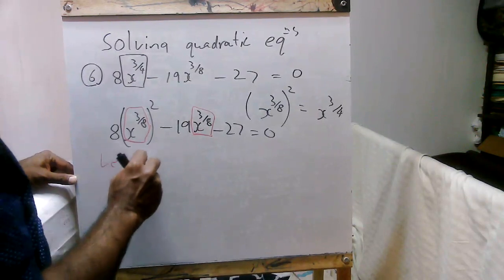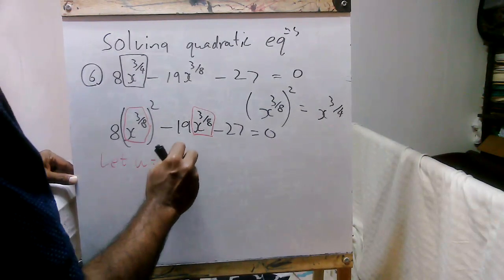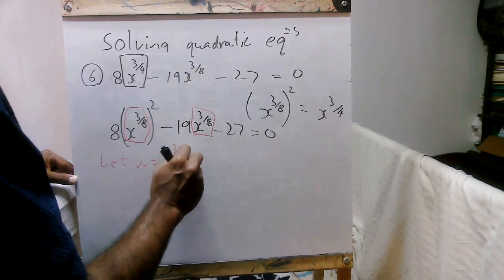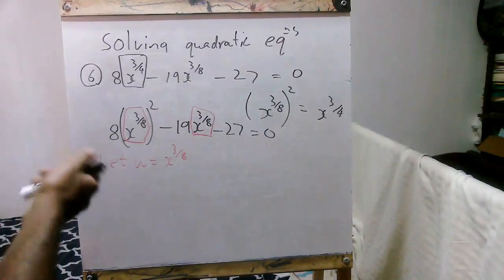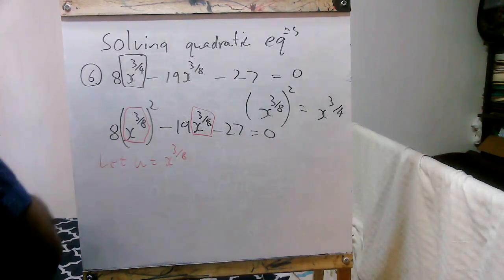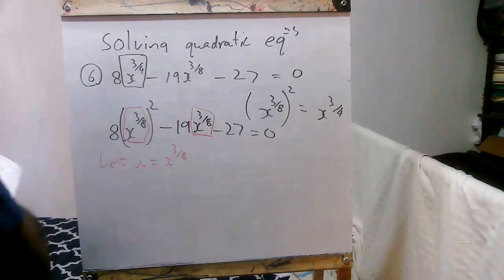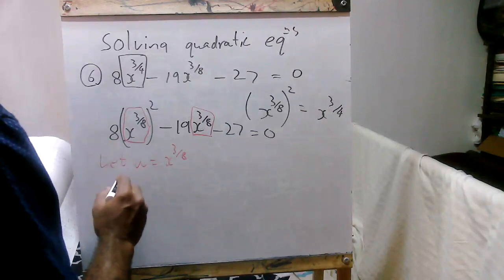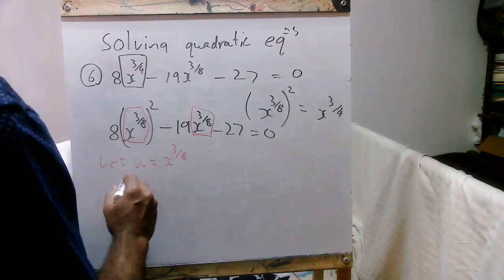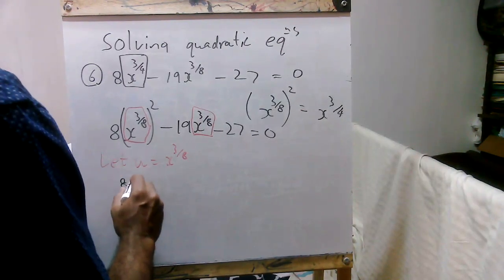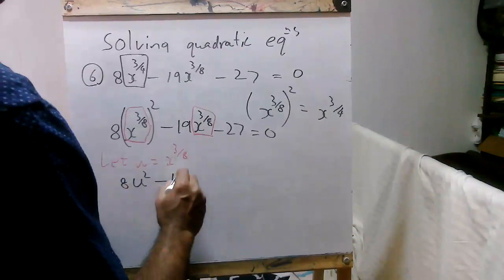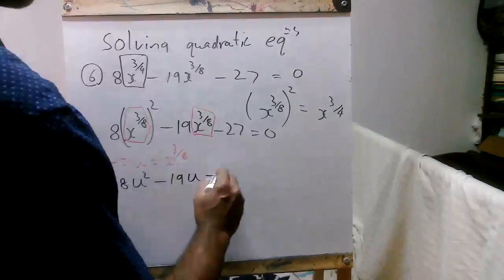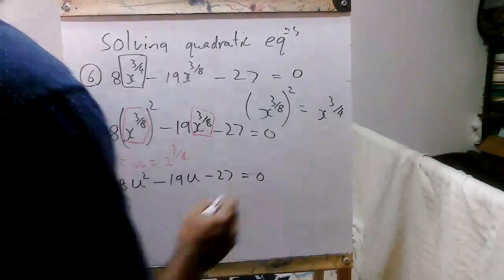Let u equal x to the power 3 over 8. Then we get 8u squared minus 19u minus 27 equal to 0.